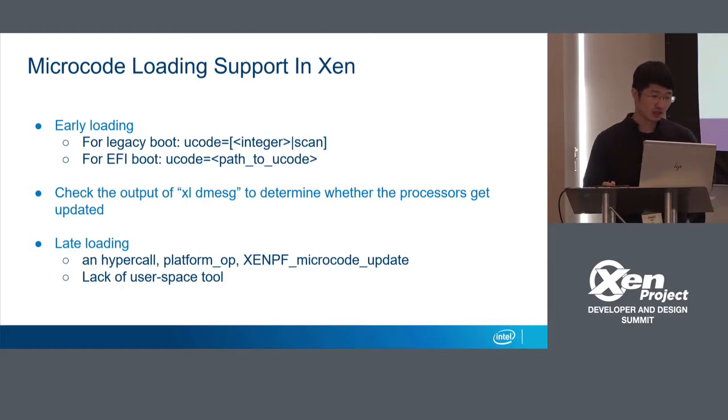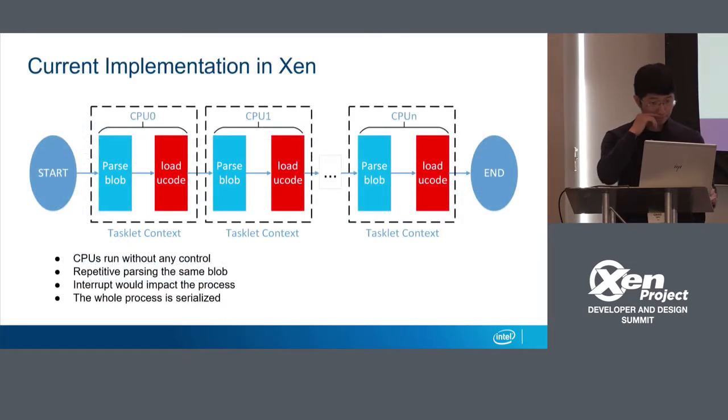As to late loading, currently Xen implements a hypercall, a sub-function of the platform op, to load a microcode blob, but there's no user space tool maintained in the Xen upstream, and there are several issues in the current implementation. This is Xen's current implementation.